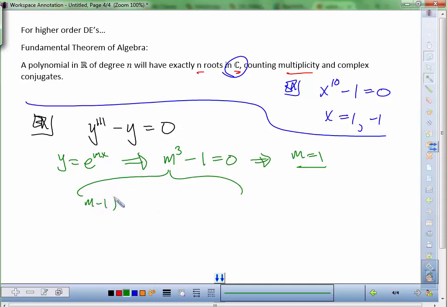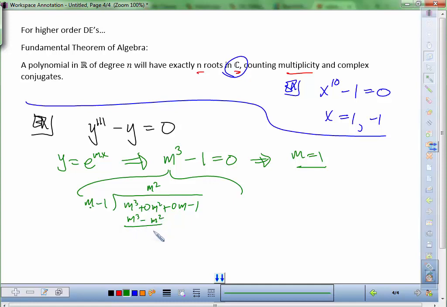M minus 1 goes into m cubed, 0m squared, 0m minus 1. So I ask myself, what am I going to multiply m by to get m cubed? I need to multiply that by m squared. So m cubed minus 1 times m squared.